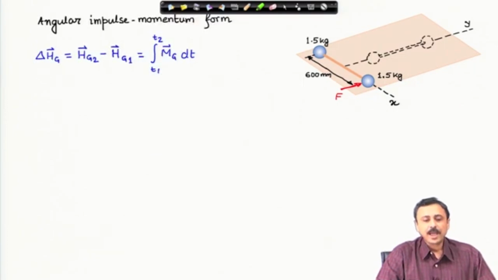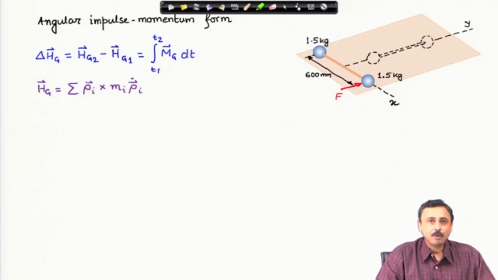Now, we look at the angular impulse momentum relation. The change of angular momentum about the center of mass is equal to the impulse of the moment about the center of mass. Therefore, on the right hand side we have the angular impulse because of the force. Now, what is the angular momentum of the system about the center of mass?